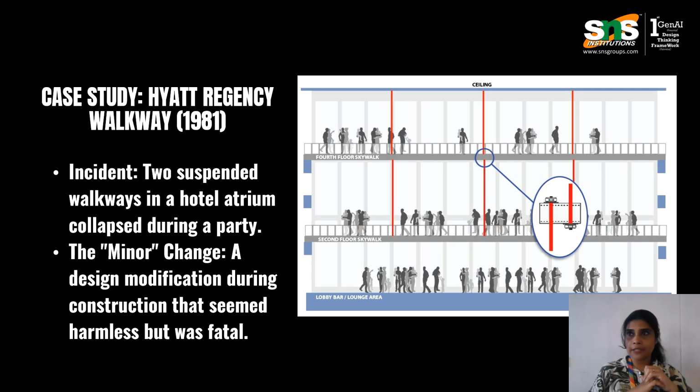If that one connection had been done in a more accurate way, this sad incident wouldn't have happened. It remains the defining lesson in why small changes aren't actually small. This is a perfect example of that.